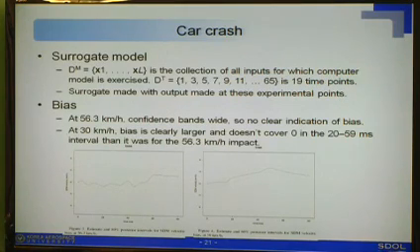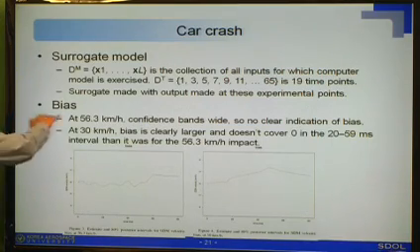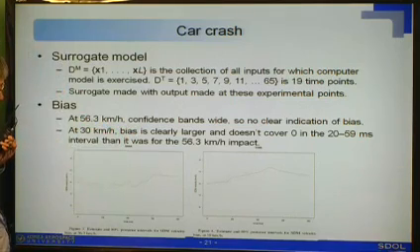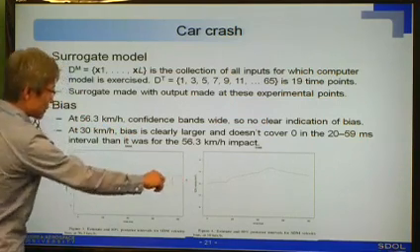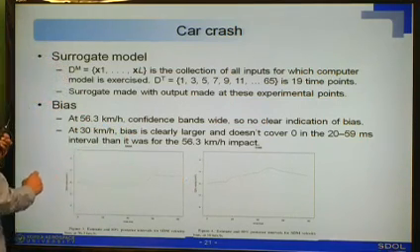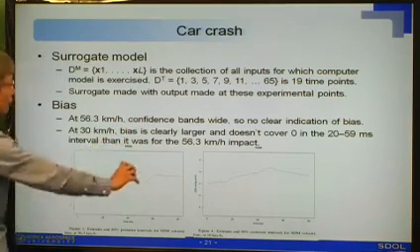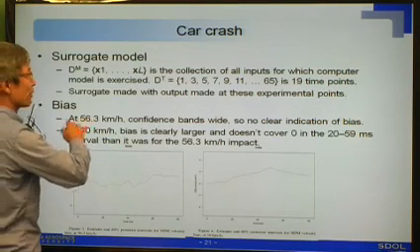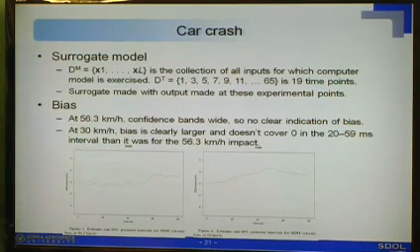As a result, this is the conclusion. At high velocity, the discrepancy will look like this. And this is the zero level. And their conclusion is that the confidence upper and lower bounds enclose this zero level. So we cannot say there is a specific bias in this case.